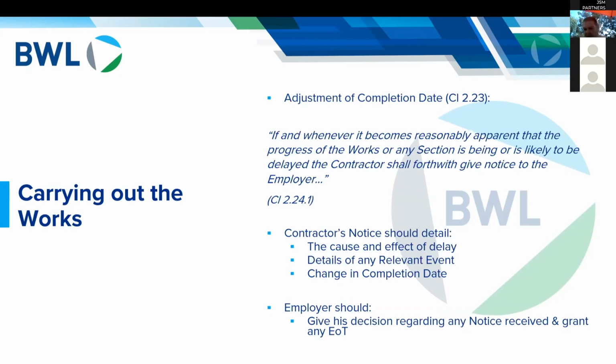And then they also need to tell you in their notice what the change in completion date should be. And then it's for the employer to give their decision back to the contractor in respect of that notice, and in respect of whether or not they agree to the extension of time and therefore the change in completion date.